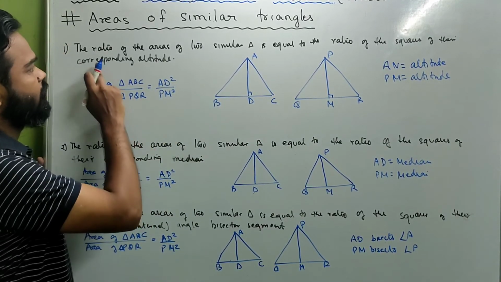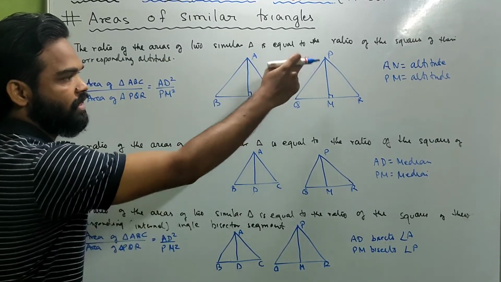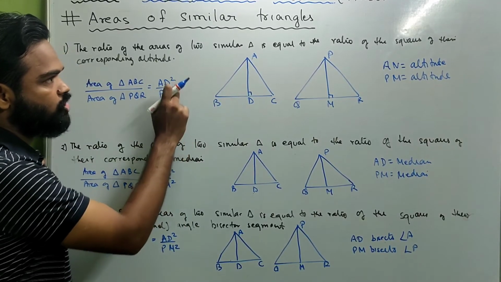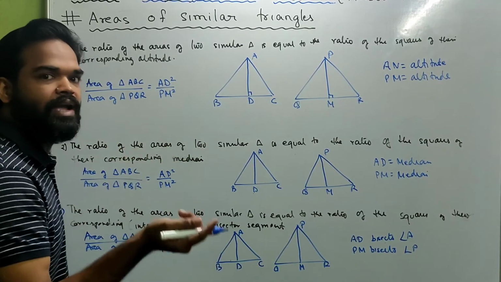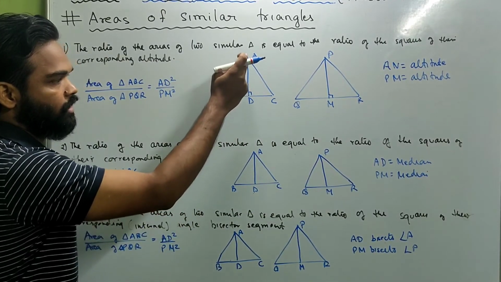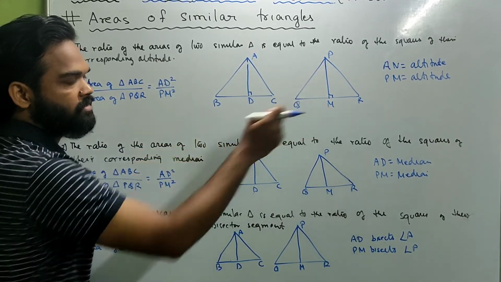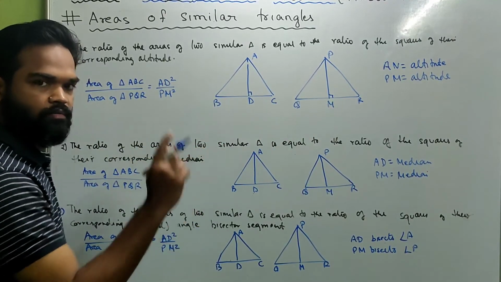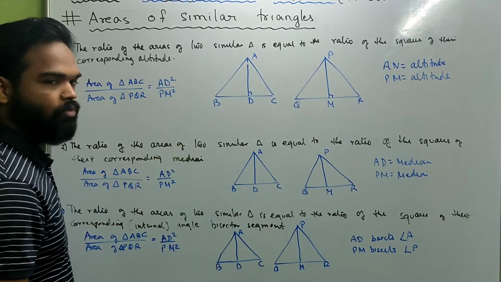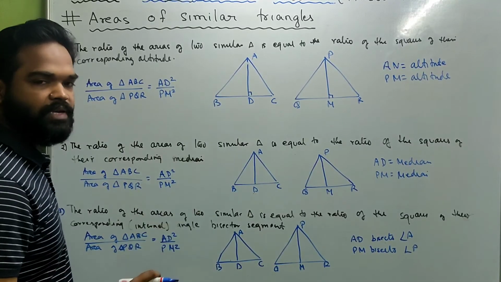That is, the ratio of areas of two similar triangles, so suppose ABC and PQR are similar, is equal to the ratio of the squares of the corresponding altitudes. So if AD is the altitude of ABC on BC, of course, and PM is the altitude on QR from P, the area of triangle ABC by area of triangle PQR will be equal to the square of the altitude, AD square by PM square.